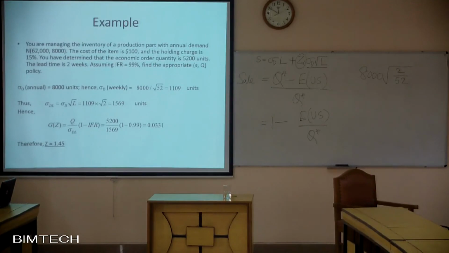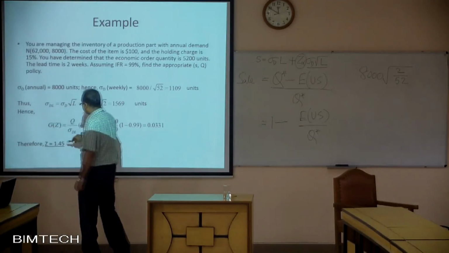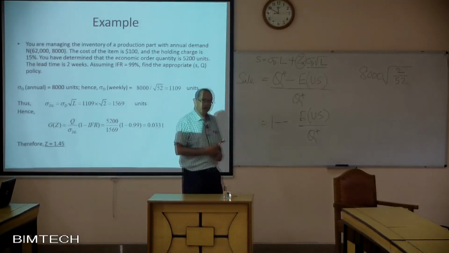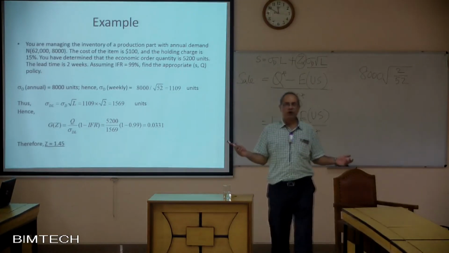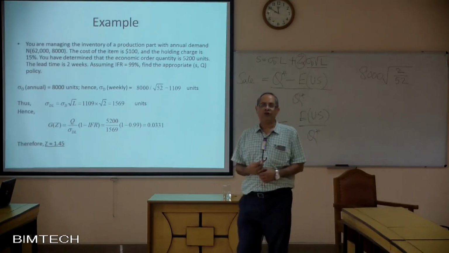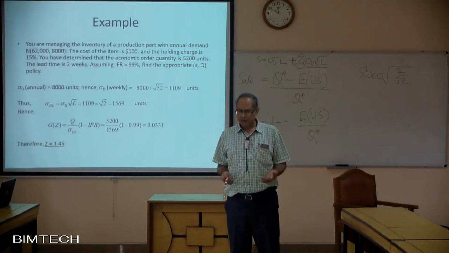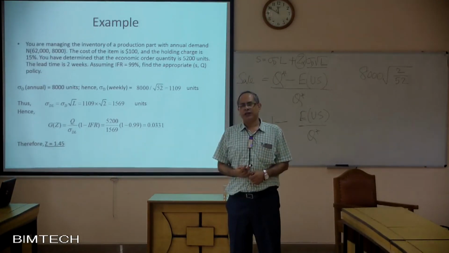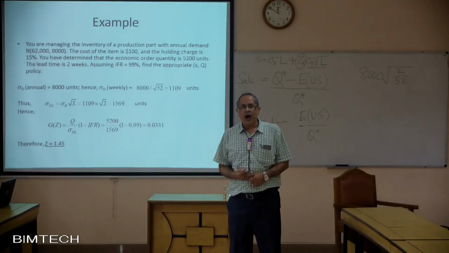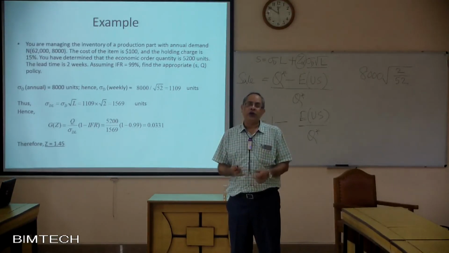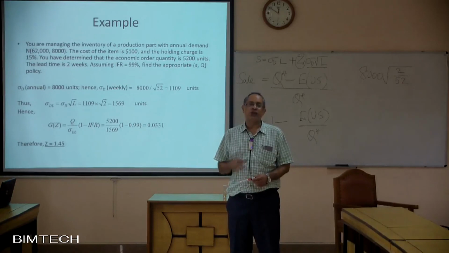So therefore, if we go back, I have taken the Z value as 1.45, and that is what we need to find out the value of small s. I haven't calculated small s here because that was not the purpose. The purpose was to show you how to use the item fill rate to get the Z value so that we can use it to calculate our small s.